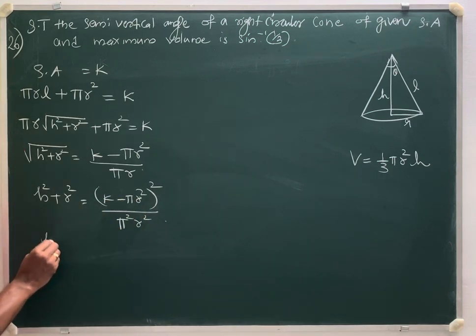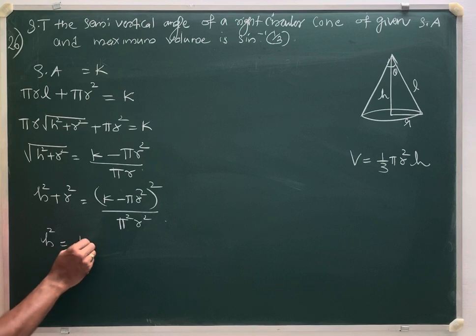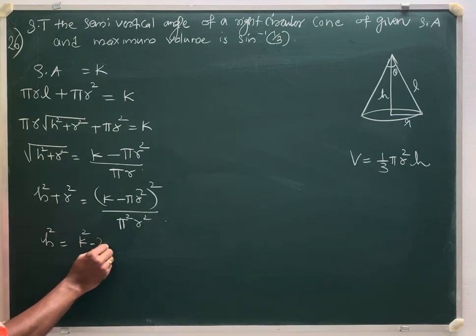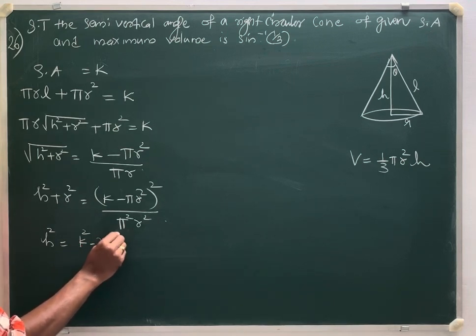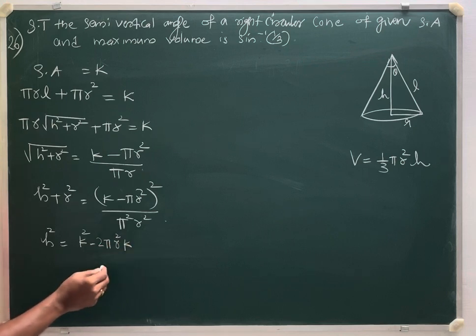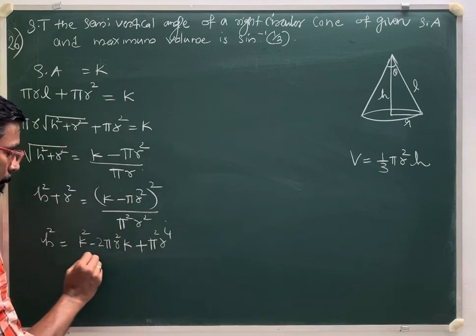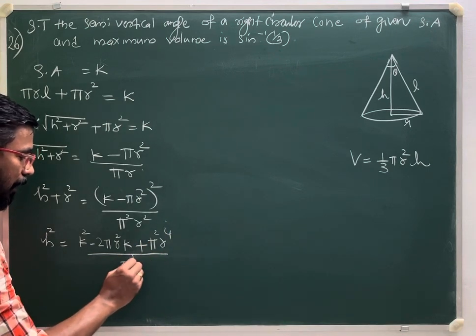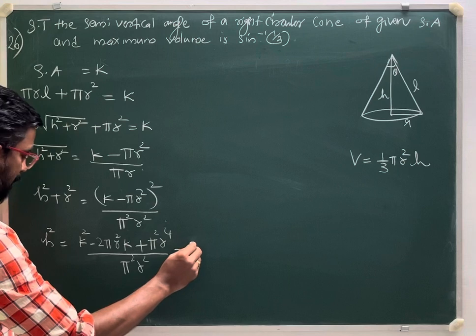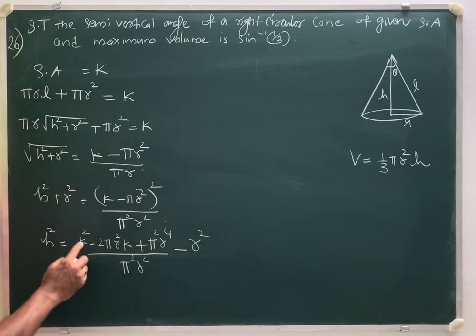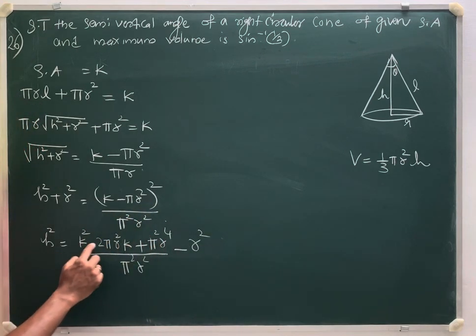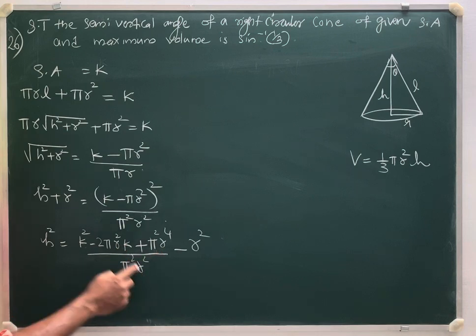Now h square will be equal to k minus this, let me expand this: k square minus 2 pi r square k plus pi square r power 4 by pi square r square, minus r square. What I did was expand the numerator, a square minus 2ab plus b square, over the denominator. This plus r square I took to the other side, minus r square.